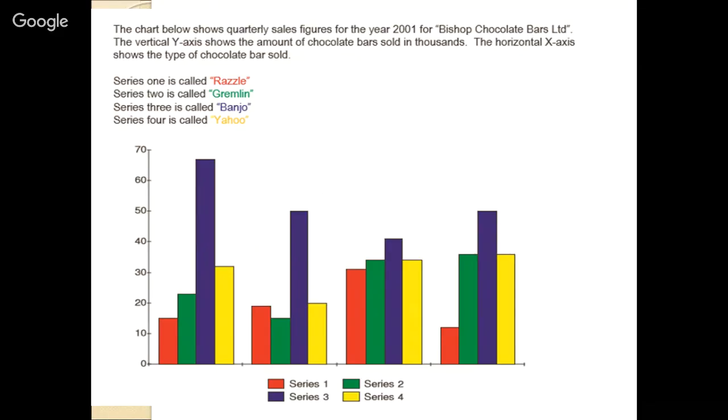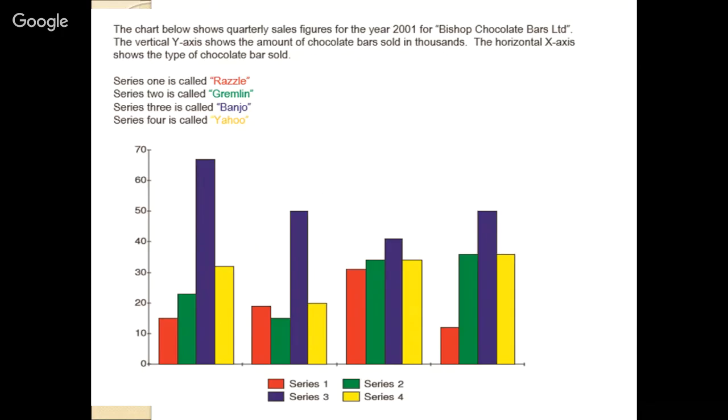So we can say Razzle starts at 15 in the first quarter, and we go to the second quarter.